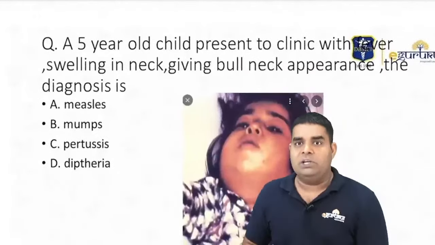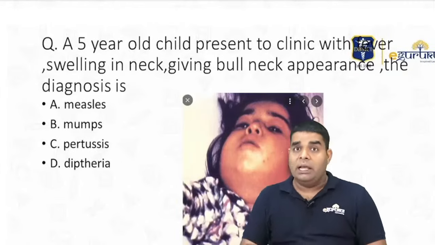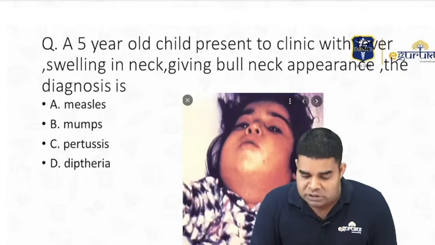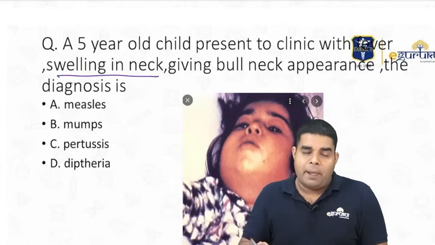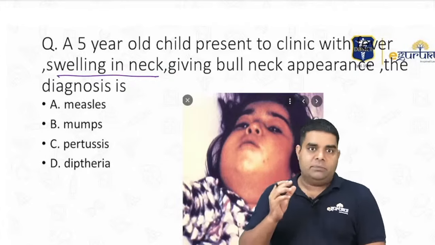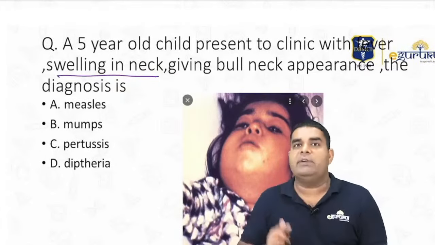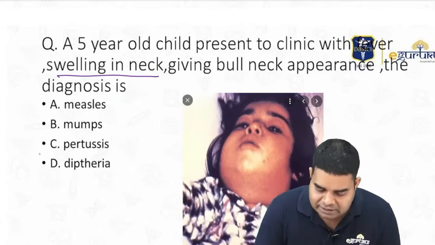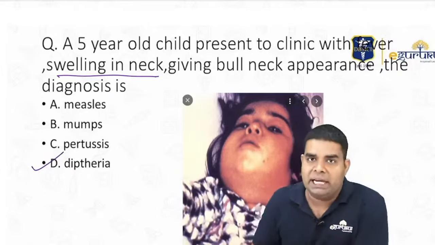Now a 5-year-old child presents at the clinic with swelling in her neck area. Because they have used the word swelling in the neck, it cannot be mumps, because in mumps the swelling is below the ear and does not go to the neck area. Neck area swelling represents only one thing, that is diphtheria. In diphtheria we have 2 things.